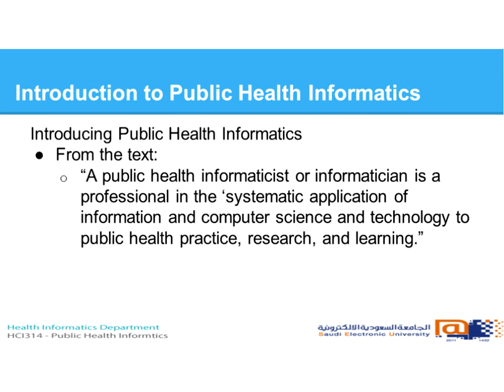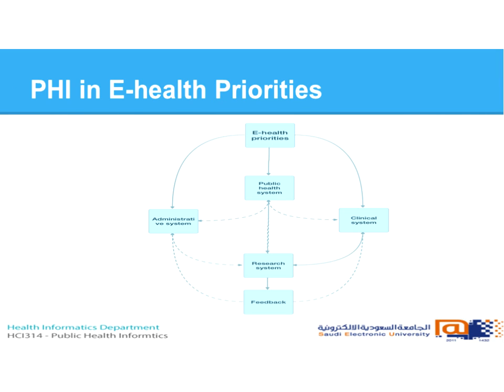Okay. So now we come to the introduction of public health informatics. The personnel who are involved in the evaluation or the development of the informatics solutions. As per the text, the public health informatician is a professional in the systematic application of information and computer science and technology to public health practice, research and learning.